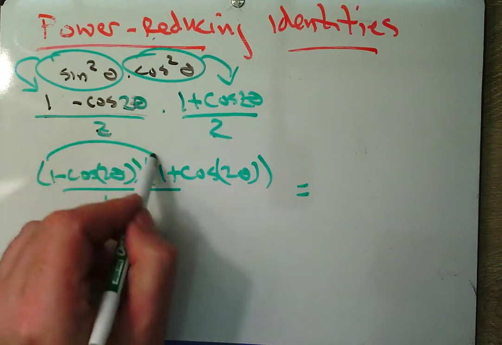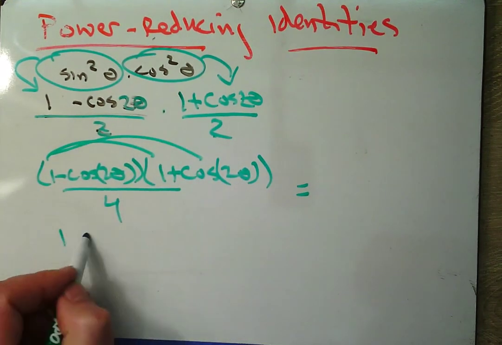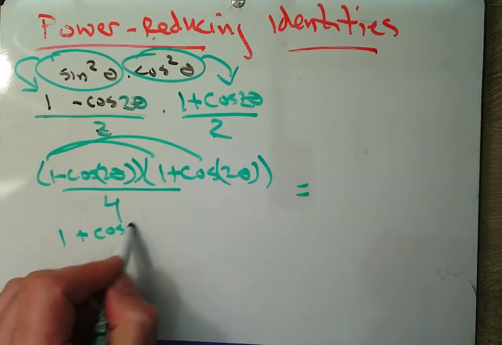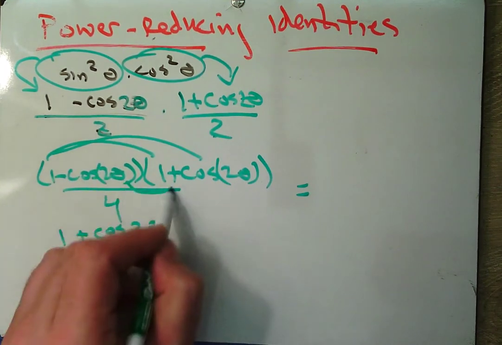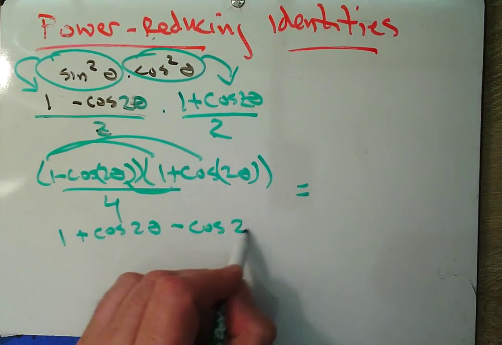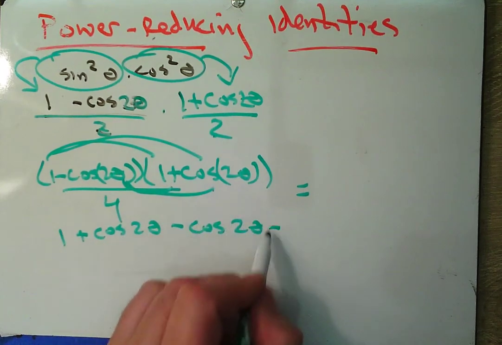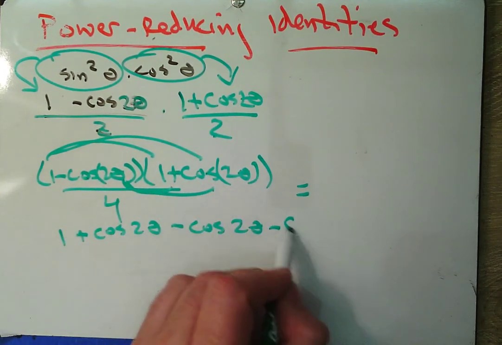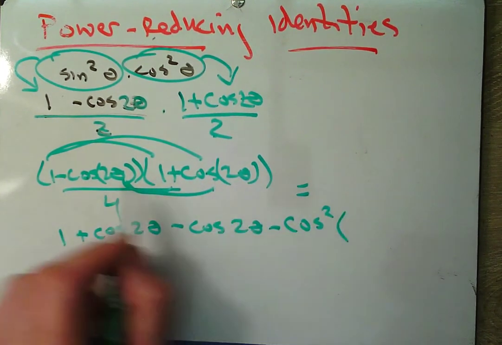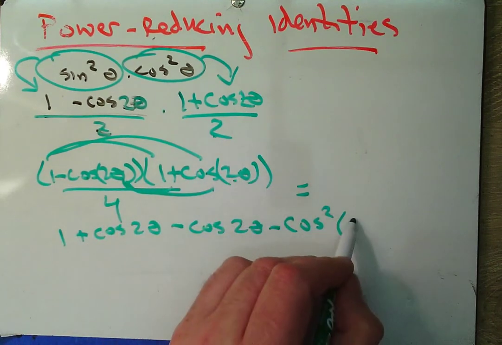Here I need to FOIL. I get 1 plus cosine 2 theta minus cosine 2 theta minus cosine times cosine is cosine squared 2 theta, all over 4. No, you don't multiply these together.